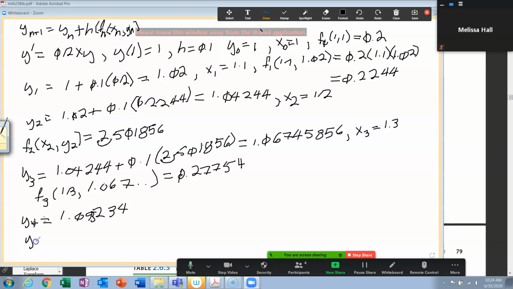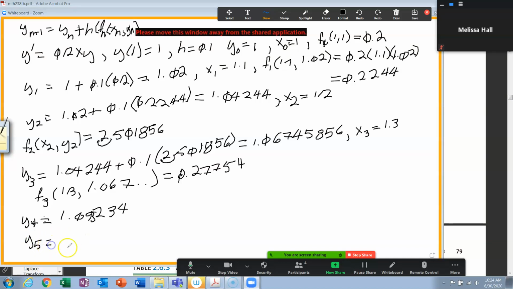I'm copying this from the book. I'm not calculating it. y sub 5, and again, it won't do an equal sign, is 1.1259. This is from theirs. Okay.